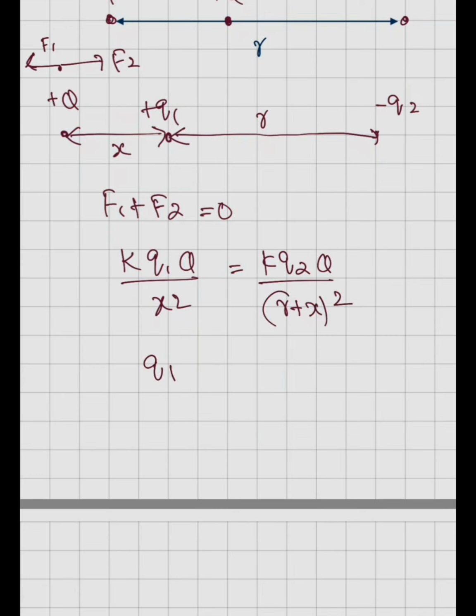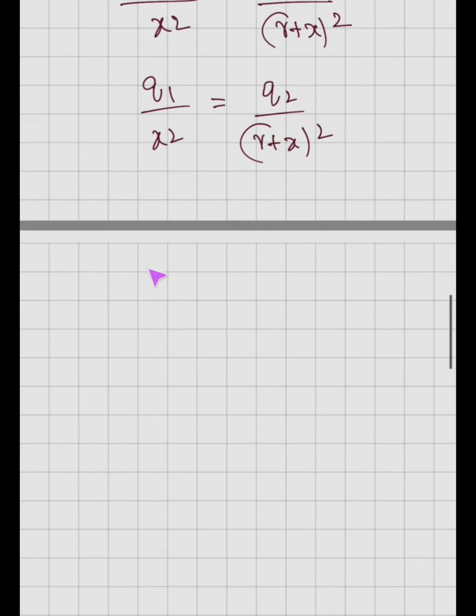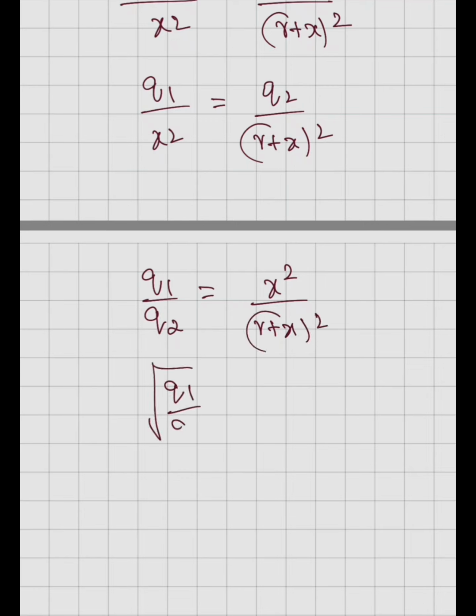So q1 by x square equals q2 by r plus x the whole square. On rearranging, q1 by q2 equals x square by r plus x the whole square. Taking square root on both sides, root of q1 by q2 equals x by r plus x.